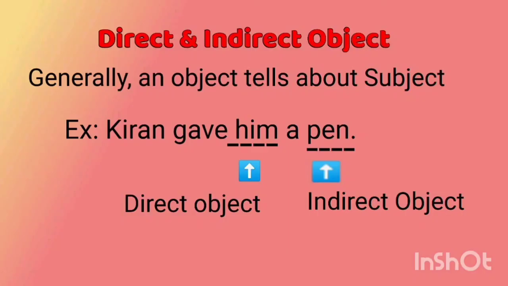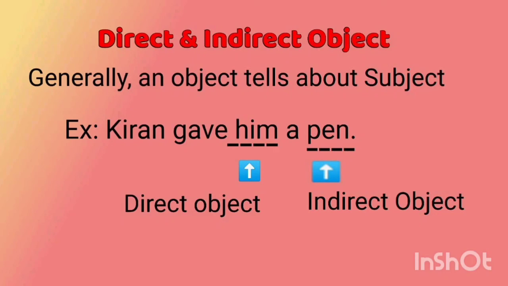Now let us see the last part of the sentence structure, the object. What is an object? Generally an object tells about the subject. There are direct and indirect objects. Kiran gave him. Who gave? Kiran gave. To whom? To him. To him is a direct answer that talks about the subject, so that is a direct object.